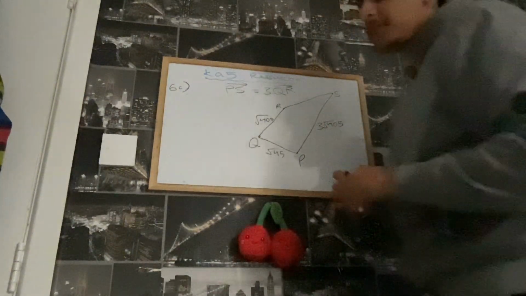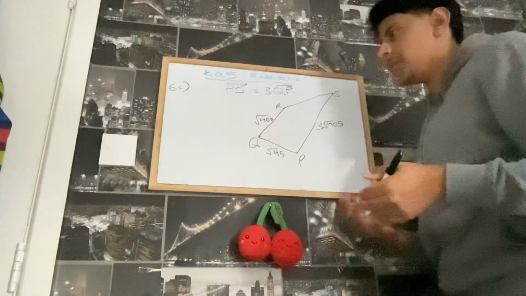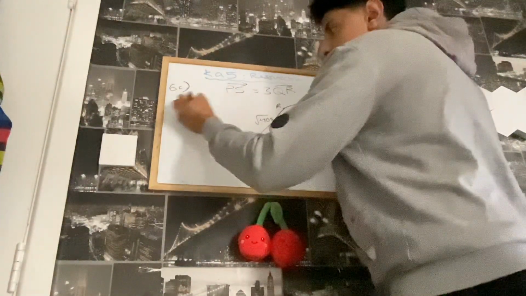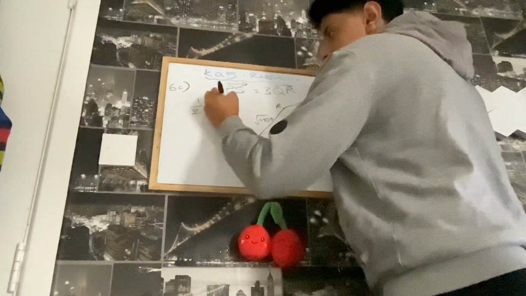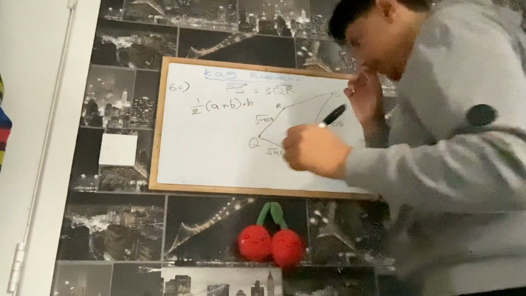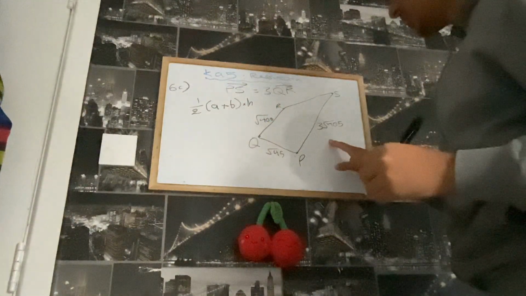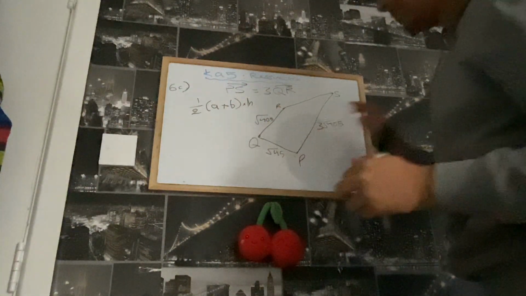To do that, we have to find out the area of the trapezium. The formula for the area of the trapezium is half (a plus b) times h. So this would be our a, this would be our b, and this would be our h.